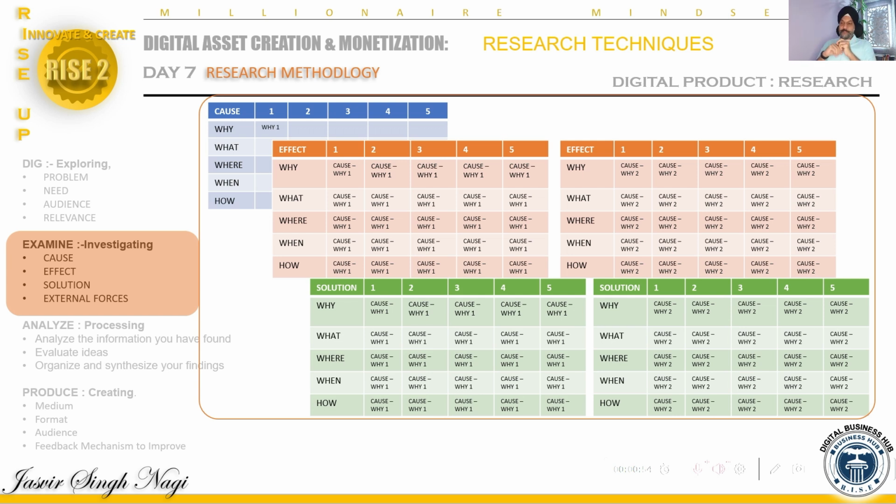For the cause, you might have the first why, which is called y1. As a cause, you will then get another template sheet which you use to write the cause for that. There again you write the why, what, where, when, and how of that particular cause.